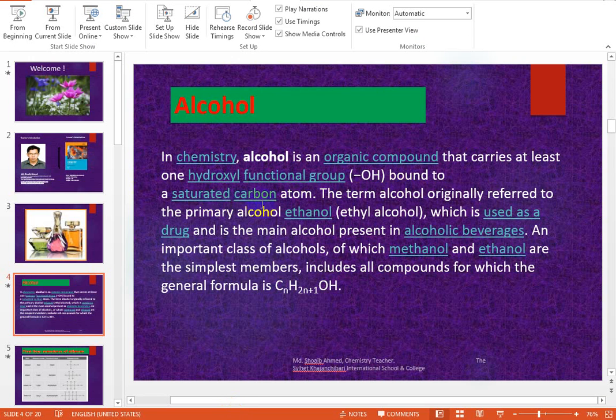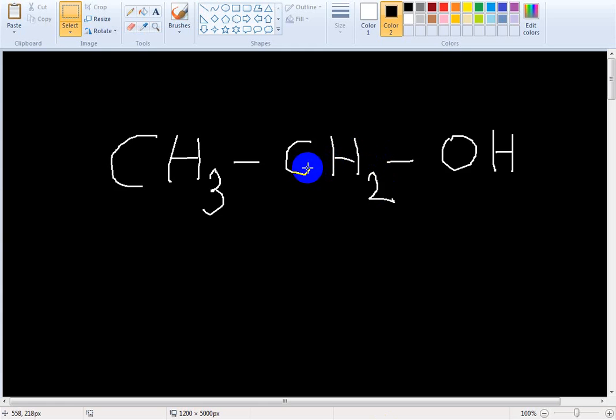The hydroxyl functional group is bound to the saturated carbon atom. Saturated means carbon-carbon single bonds. Carbon-carbon double or triple bonds are unsaturated. So the hydroxyl group is bound to the saturated carbon atom.